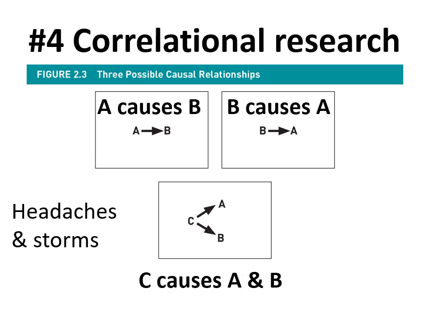Or we could turn to this case here in which C causes A and B to both happen. So C in this case is an example of what typically gets called a lurking, that's an R, not an N, a lurking variable. So in this case, headaches and storms are actually caused by changes in air temperature.